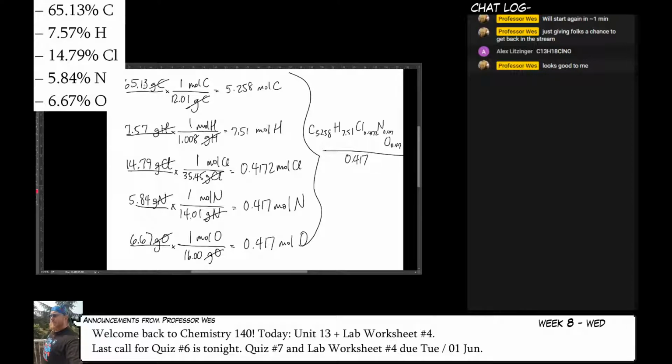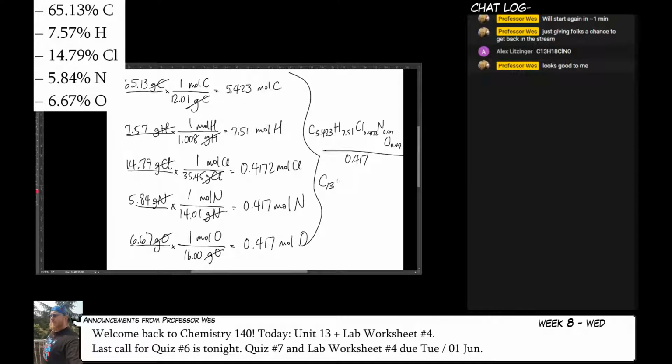I superimposed two numbers, so that's going to change this. 5.423. There we go. Okay, so if I divide that by 0.417, I should get, there we go, 13.00. So C13.